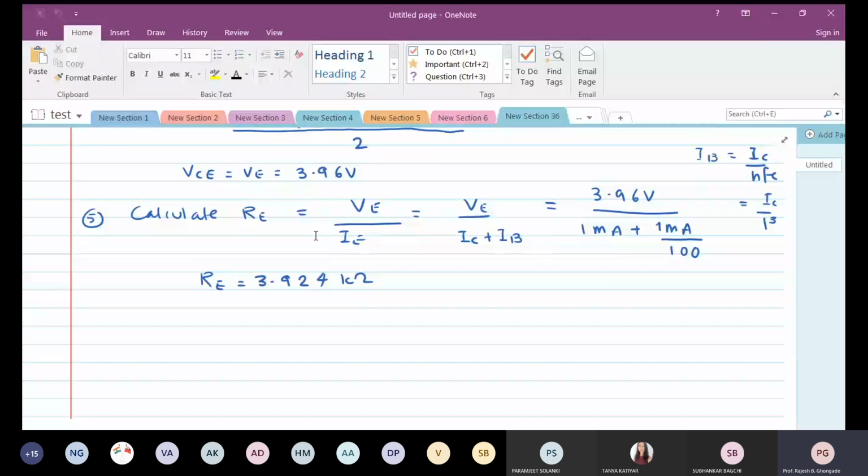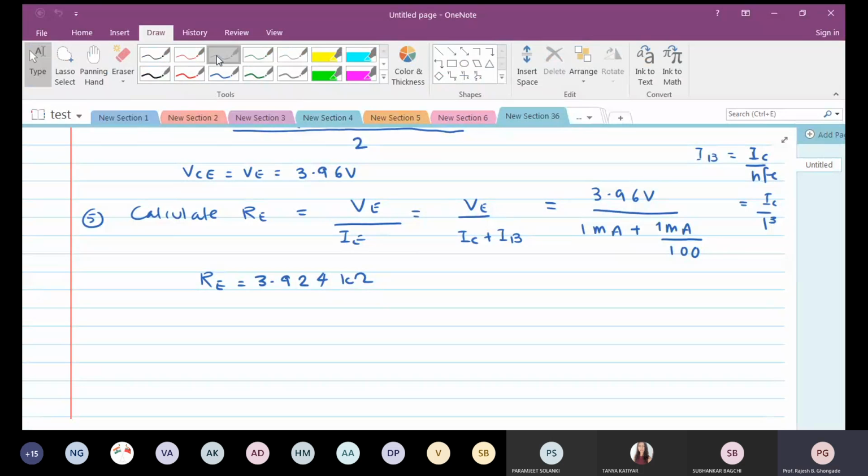So the next step number 6 will be calculate the biasing resistors.